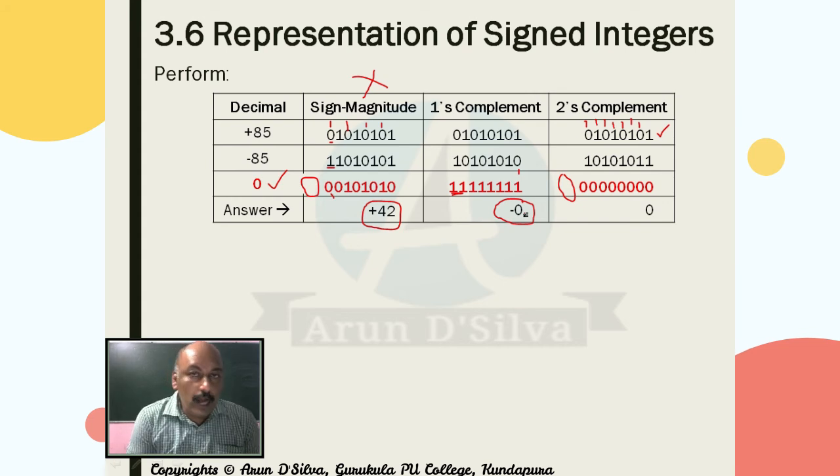It is neither a positive number nor a negative number. But in the 1's complement method, a minus symbol comes for 0. And in 2's complement, you see, the correct answer came. So looking at this calculation, we find the 2's complement method suits here.